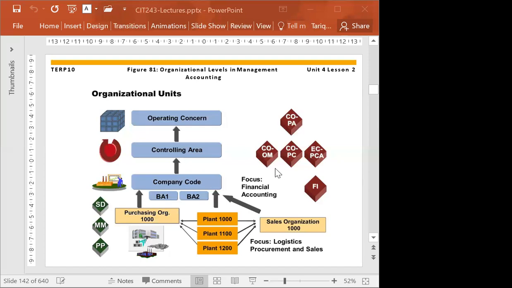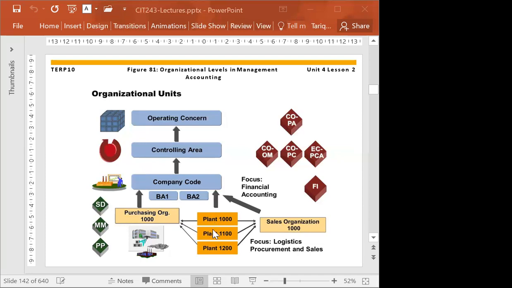So mostly, as we have seen, the data is coming from different sources. Mostly the data coming to controlling is from sales. All our revenue postings are coming from sales. We also get data from purchasing, when we create a purchase order and create the commitment with it, that also goes to controlling. Similarly, we are producing some goods and services at plant level.